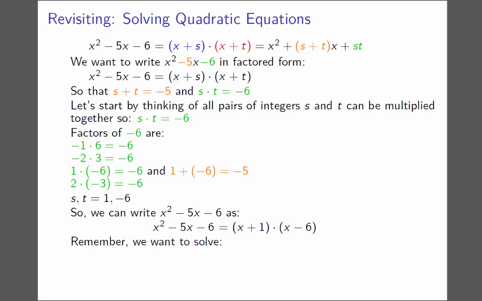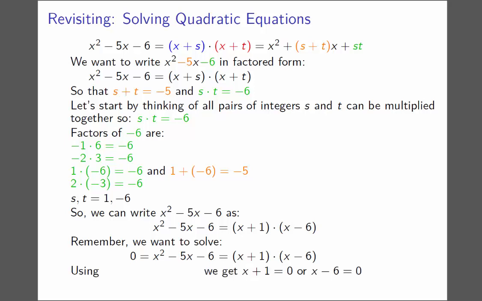Remember, we want to solve 0 equals x squared minus 5x minus 6. But now we can write that as x plus 1 times x minus 6. And if 0 equals x plus 1 times x minus 6, again we can use the zero product property, which says that if two numbers are multiplied together to give us 0, one of them must be 0.